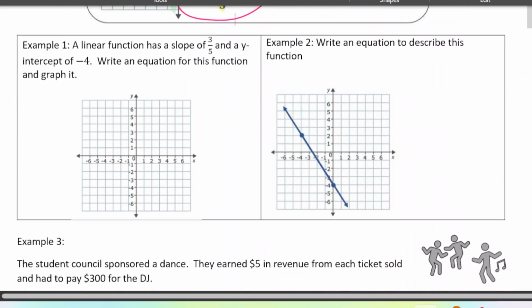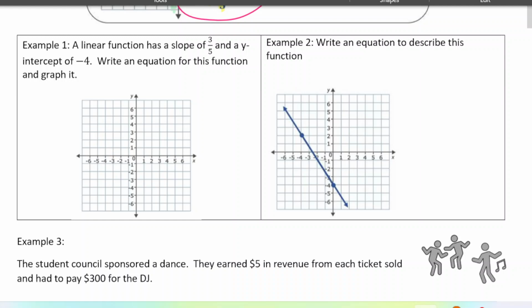Okay, first example: we're given some information, and we're going to write the equation and then graph the line. It says a linear function has a slope of 3 over 5, so it's going to be going up, and it has a y-intercept of negative 4. It says write an equation for this function and graph it. We're going to write the equation in the y equals mx plus b format.